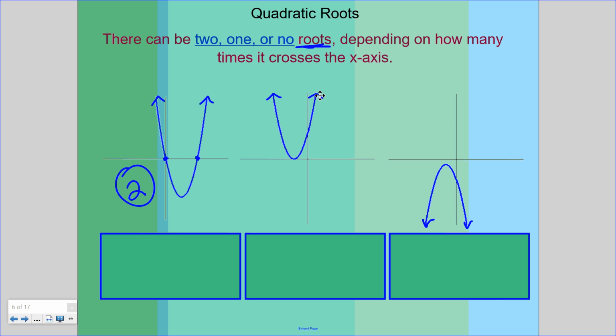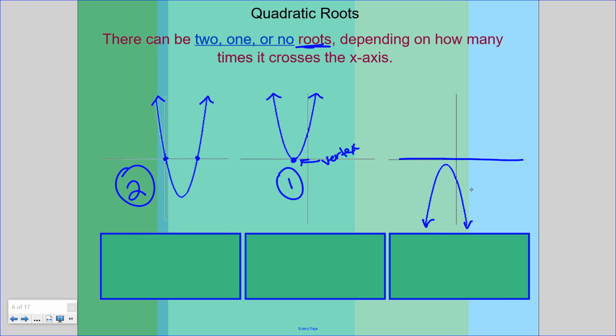Here we have a quadratic graphed. However, it's only crossing or hitting the x-axis at 1 point. So in this case, we only have one root, and this is a special scenario because that one root is also, incidentally, your vertex. And lastly, a quadratic equation may have no roots at all, meaning it never crosses the x-axis.